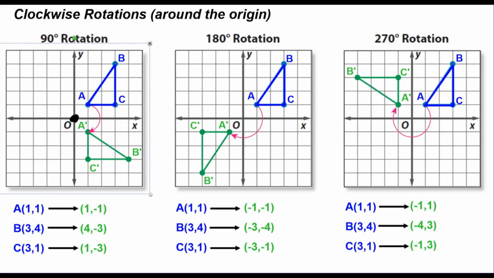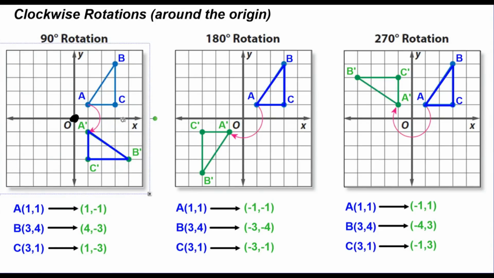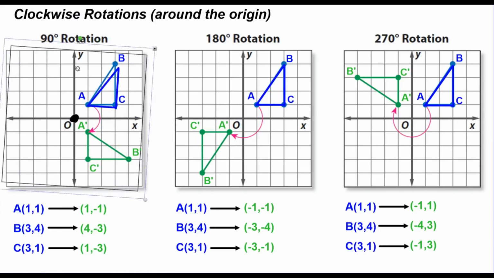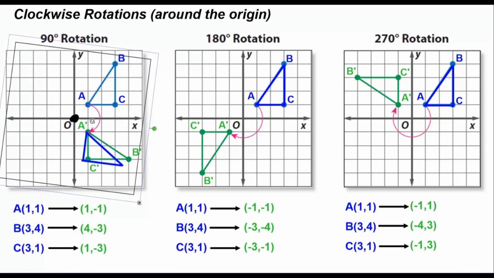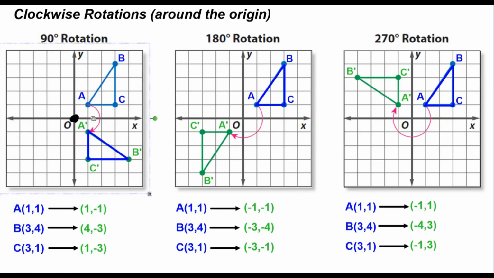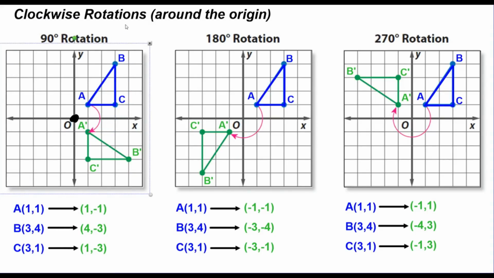Well, it's kind of hard to tell what happens because they were both 1s, but look at point B. B started at the point 3, 4 up here, and then when we rotate it, it ended at the point 4, negative 3. And then likewise, the point C started at 3, 1, and when we rotate it, it ended up at 1, negative 3.